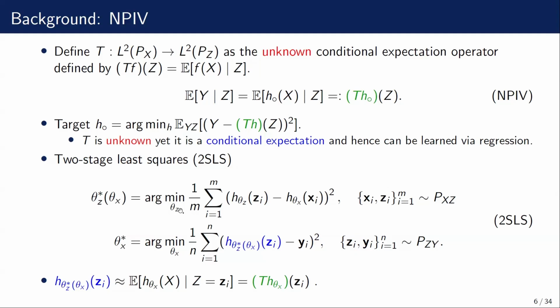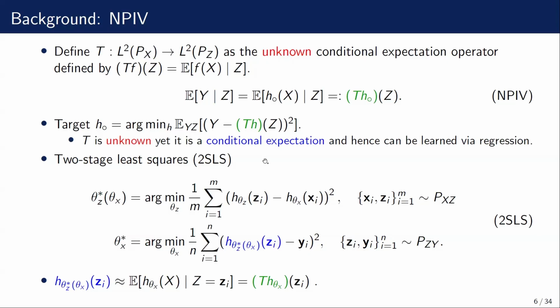Okay, so given T, we do a second stage regression where we solve for zeta X star. And zeta X star, we solve this least squares regression problem. Here, H zeta Z star, zeta X, is an approximation of TH zeta X of Z. So if we plug this inside, then the stage two regression is doing this with IID samples.